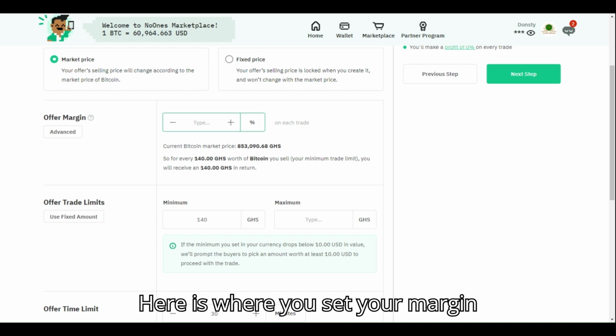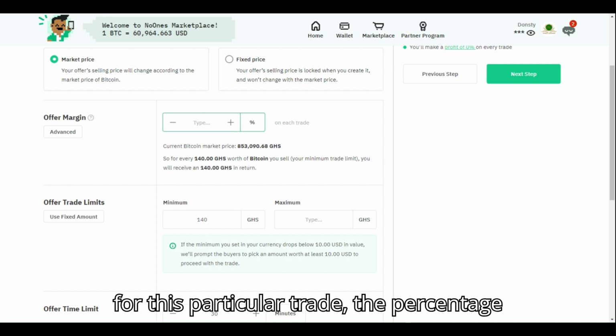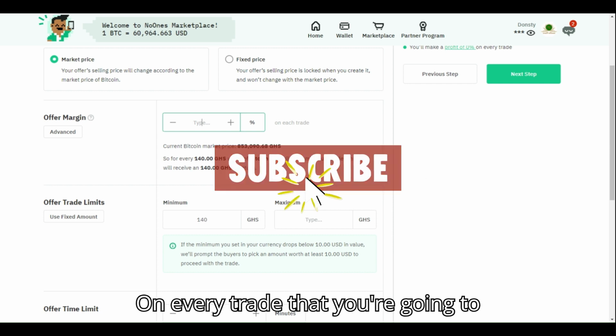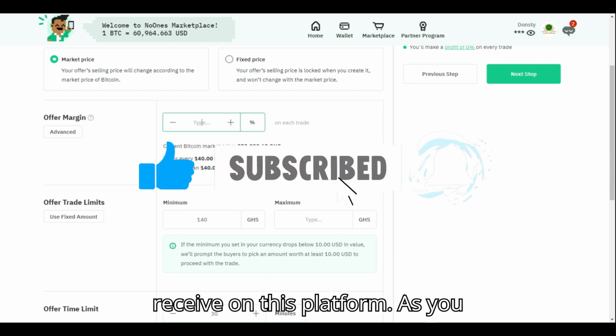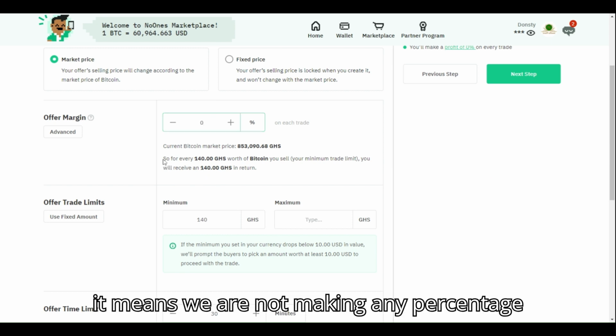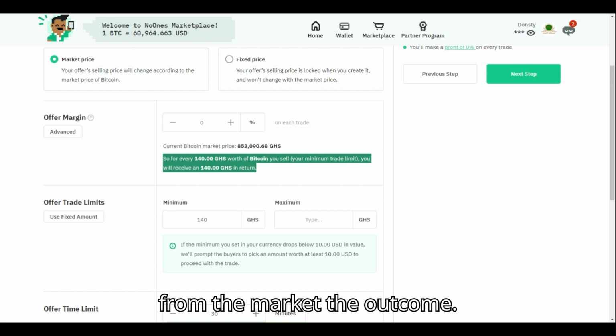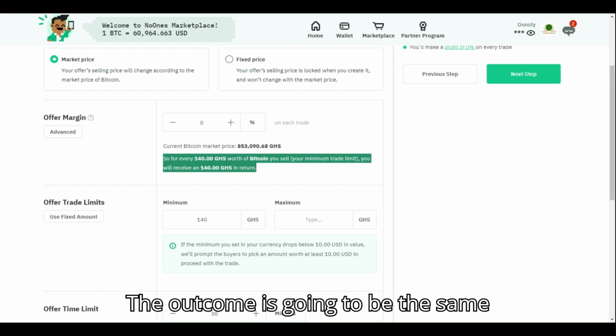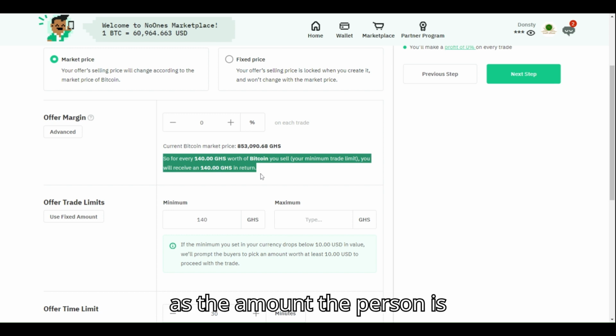Here is where you set your margin for this particular trade, the percentage you wish to receive on every trade that you are going to receive on this platform. As you can see here, if we put in 0, it means we are not making any percentage from the market. The outcome is going to be the same as the amount the person is buying.